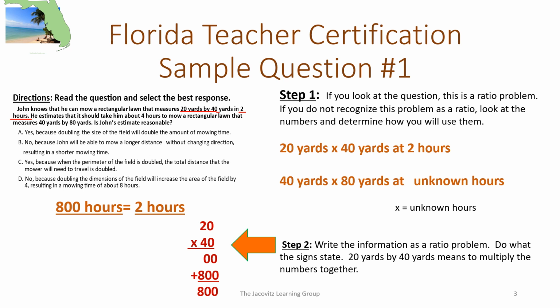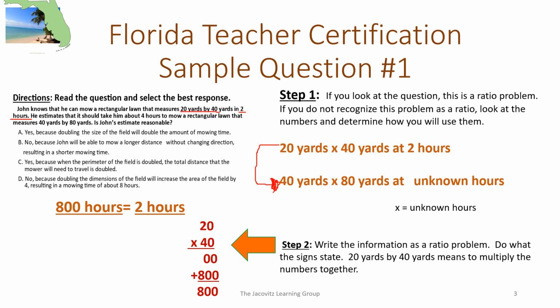Now the next part of the question, because you're comparing, is you have 20 yards by 40 yards being compared to 40 yards by 80 yards. And by the way, those of you who do construction know that this is a construction problem, and 20 by 40 is how you measure. Then you have 40 by 80 yards at unknown hours.